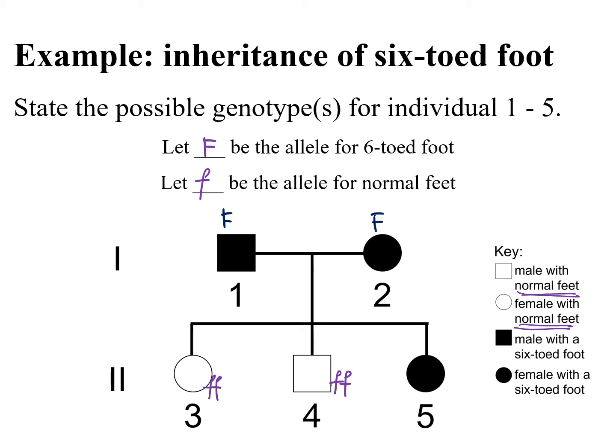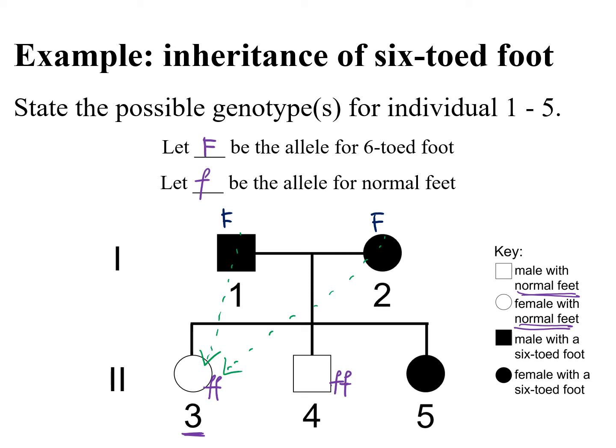But for individual 3, they are having a child having two alleles of small letter f, recessive normal feet, and these alleles must come from both individual 1 and individual 2.